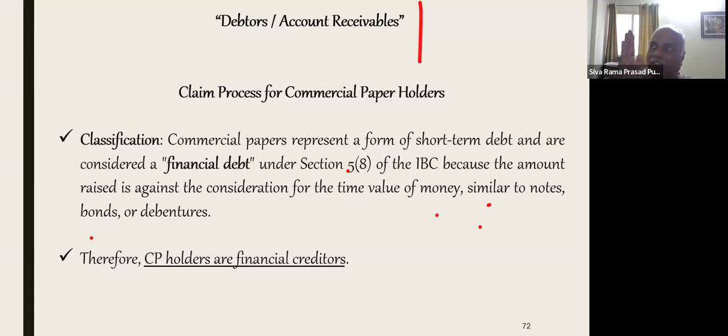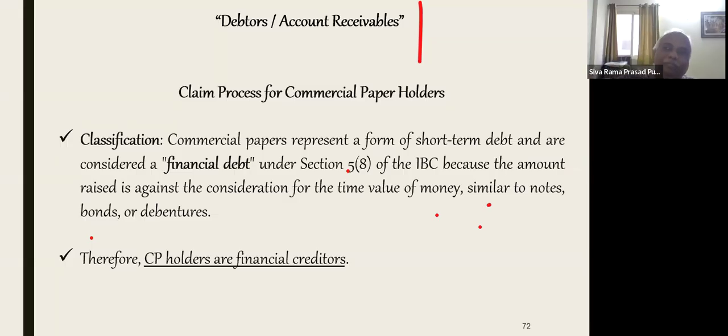For each series, each class, you have to identify an authorized representative. Once the corporate debtor is a big firm and has mobilized debentures, bonds, fixed deposits, and if it is real estate, home buyers or commercial paper, then 5 authorized representatives into 3, that is 15 people, you have to give in the advertisement and they will select.